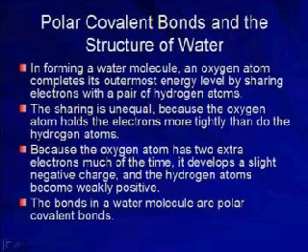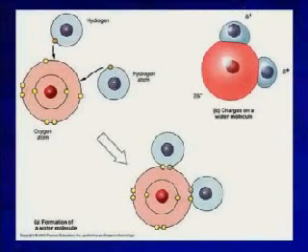Because the oxygen atom has two extra electrons much of the time, it develops a slight negative charge, and the hydrogen atoms become weakly positive. The bonds in a water molecule are polar covalent bonds. As you can see again on this illustration, the hydrogen atoms become weakly positive, and the oxygen atom becomes negative.